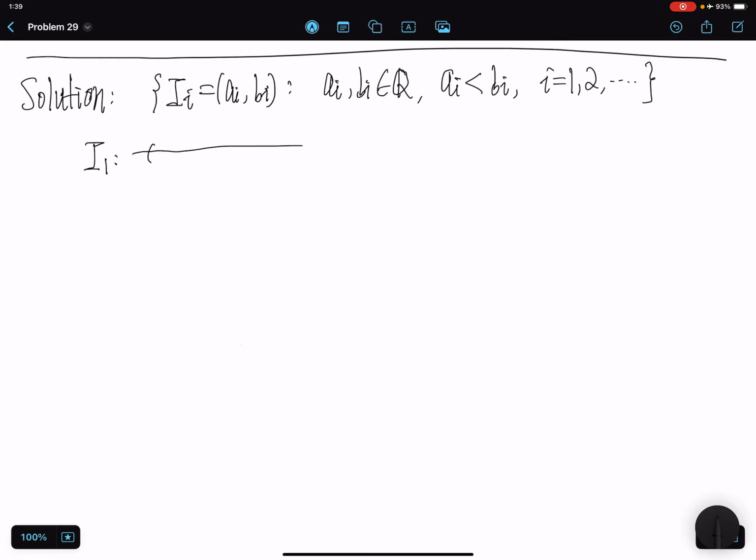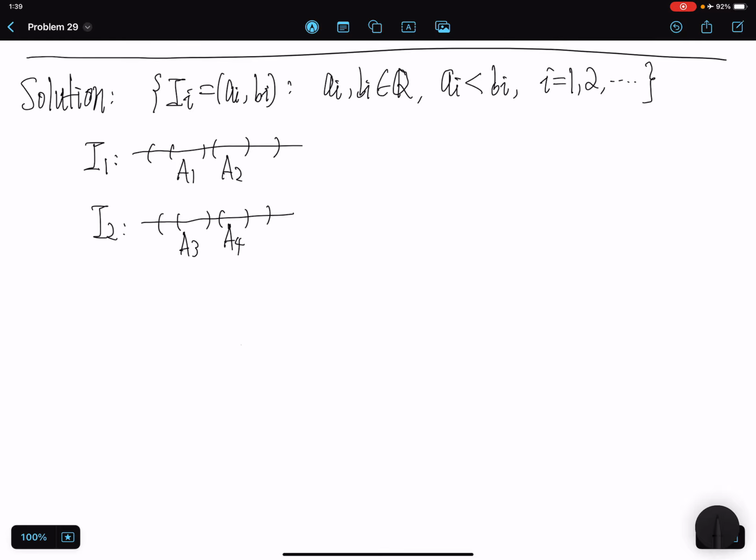So now we want to define a sequence of sets satisfying this. Let's say this is the first one, I sub 1. Inside this, we find two open intervals A1, A2, and later we'll define the properties for A1, A2. And for the next one, we also find A sub 3, A sub 4.